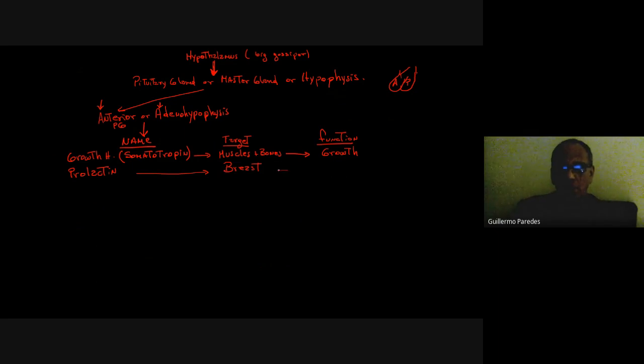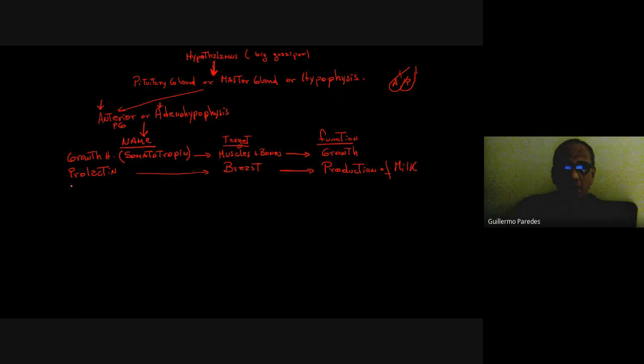I want you to repeat exactly what I said, please. Production of milk. How to remember? Very simple. Prolactin, production of milk. You will understand why I'm trying to make emphasis on that very soon. Prolactin, breast, target organ, the function is the production of milk.